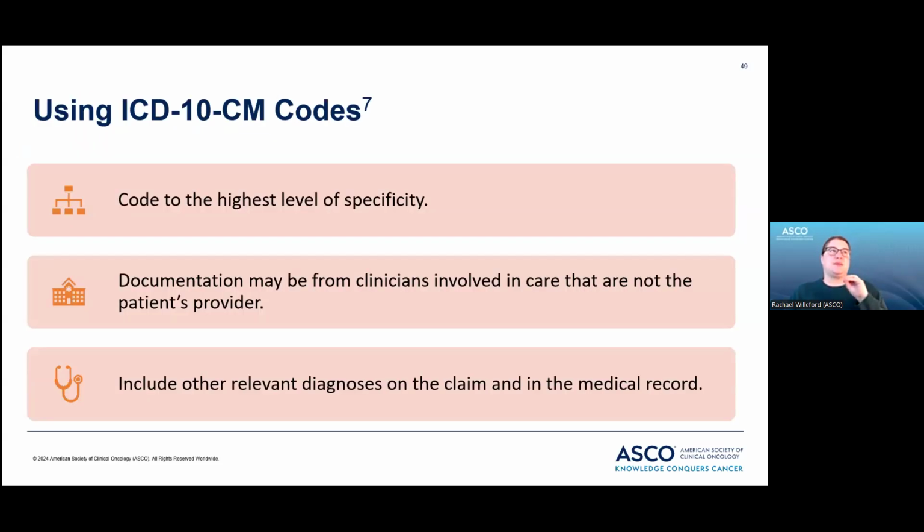So, a wrap up on the ICD-10 codes and takeaways from that. First and foremost, always code to the highest level of specificity that is supported by the documentation. Secondly, ICD-10 guidelines allow documentation from other clinicians that are involved in care, but not necessarily the patient's reporting provider, to be used when coding for social determinants of health.